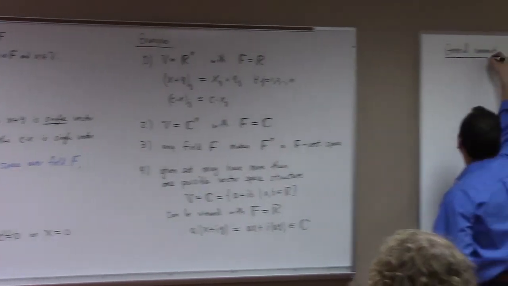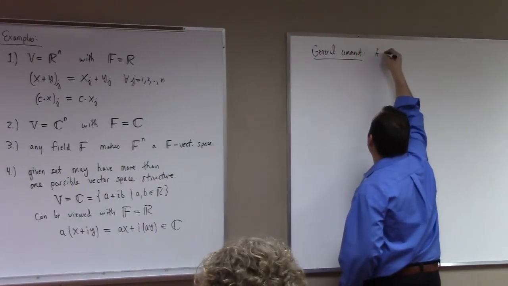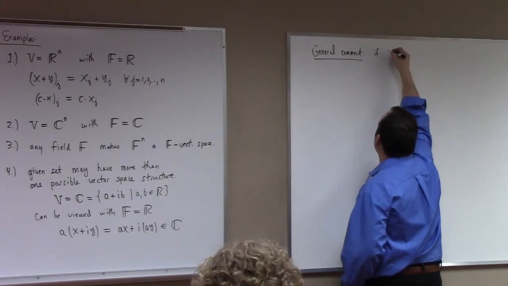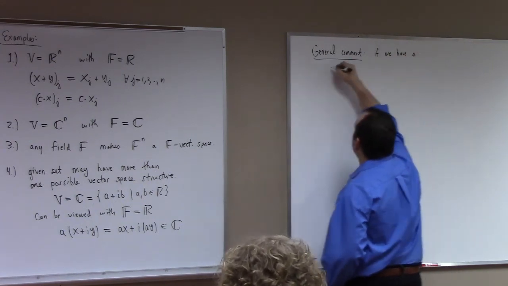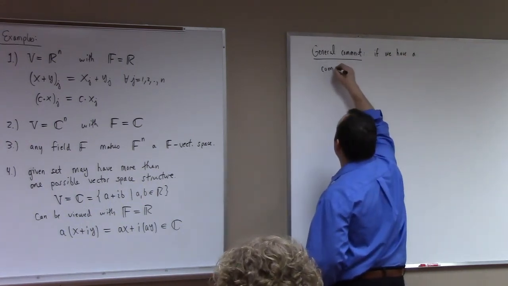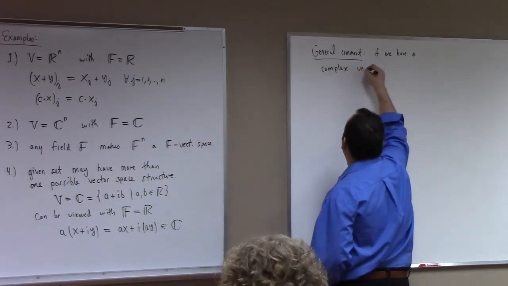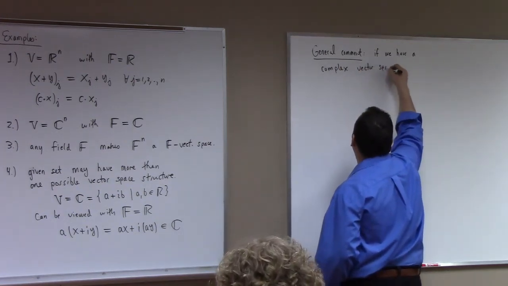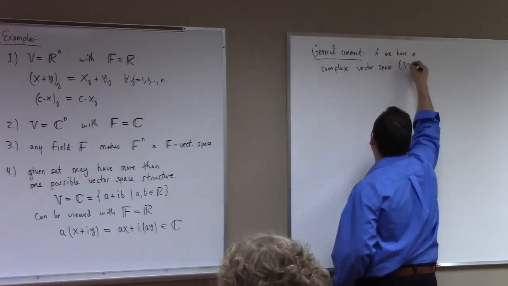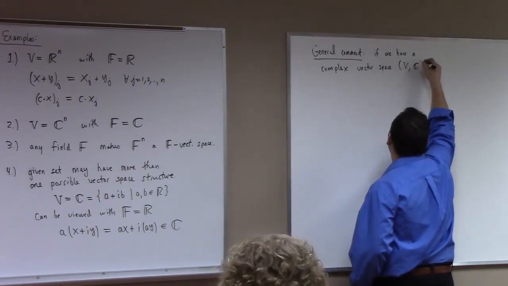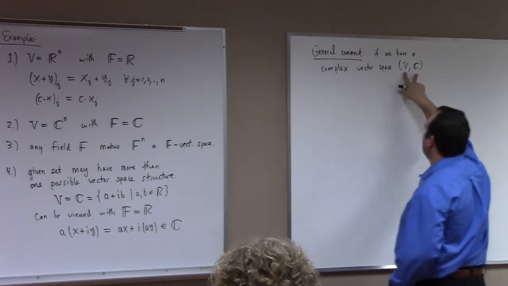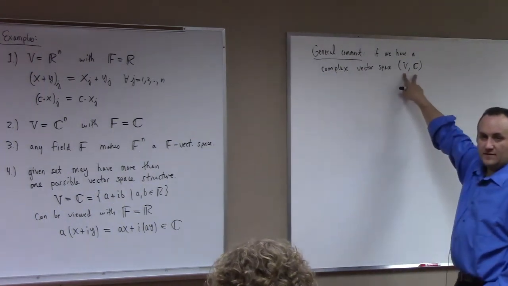If we have a complex vector space, so you could say V comma C if you like, this would be an alternative notation which might be helpful.